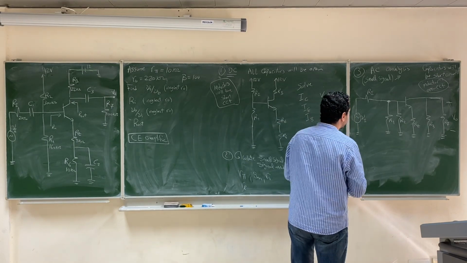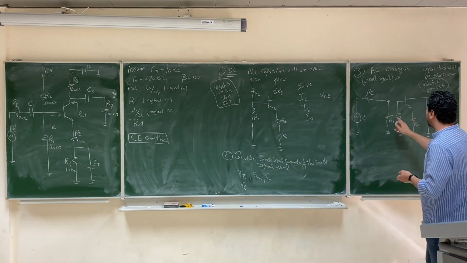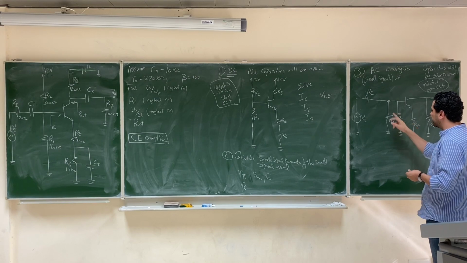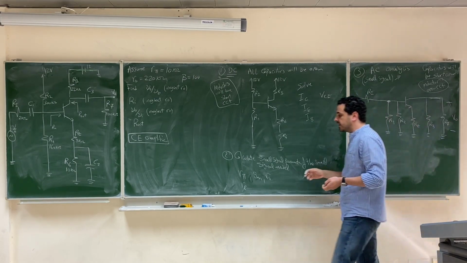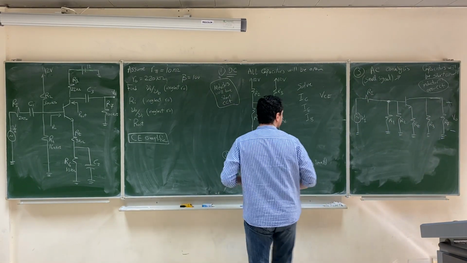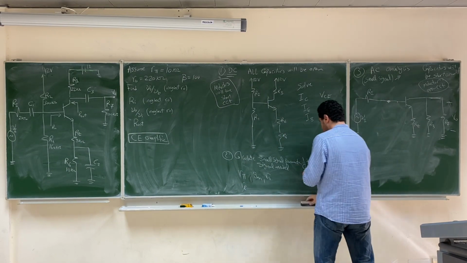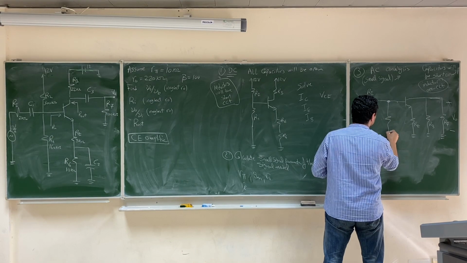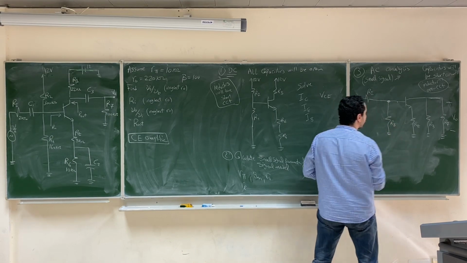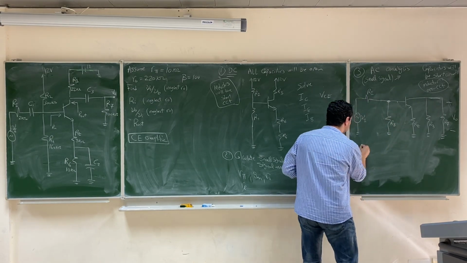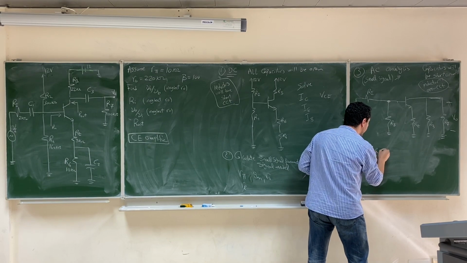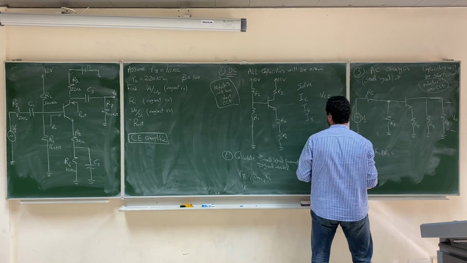Now we can simplify this circuit. Why? Because R1 and R2 are parallel, right? So we can combine them together into one resistance. We will call it RB, for example. This RB will be R1 parallel with R2, which can be calculated.